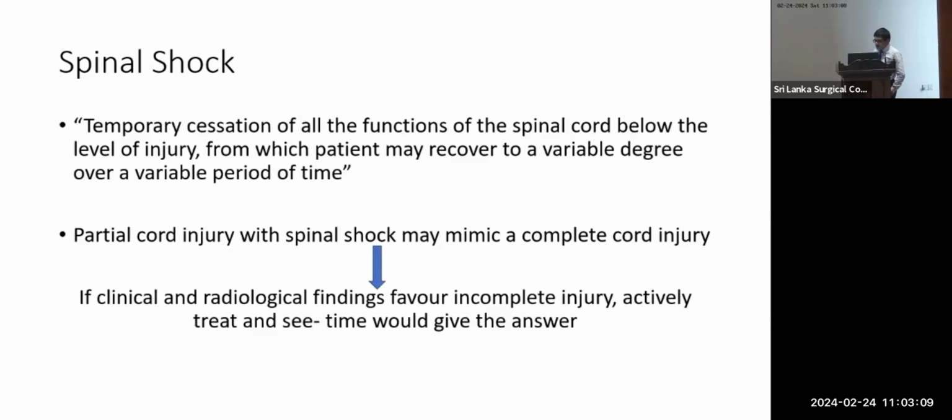But if the clinical and radiological findings favor incomplete injury, for example, you may get a clinical scenario where there is evidence of some purposeful and voluntary movements of the limbs after injury, or some sensation after injury, but now it's completely gone by the time you assess.